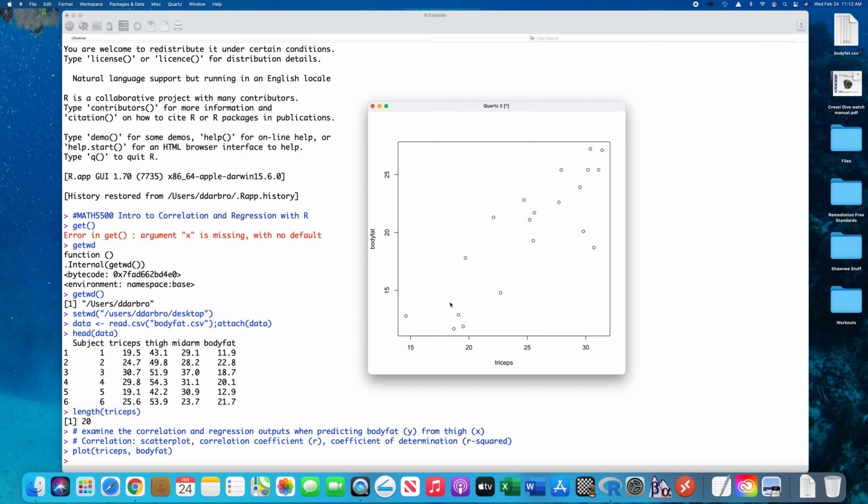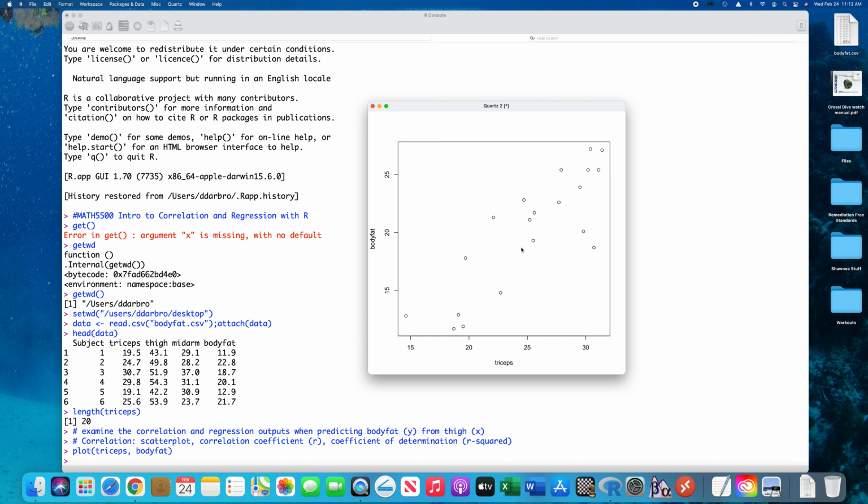So again, imagine having a line through the central focus of these data points. How much do these points vary away from that line? If they don't vary much, that indicates we have a strong relationship. We have a tight fit around the regression model. As the points are distributed more, we move into a moderate relationship.